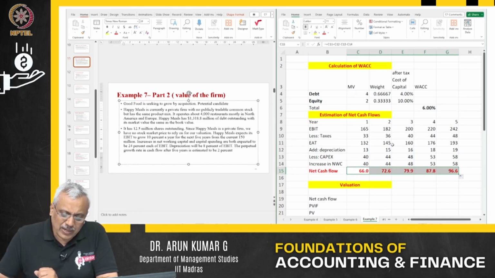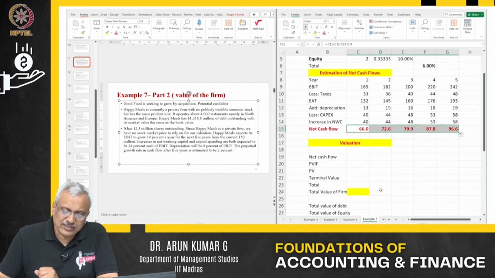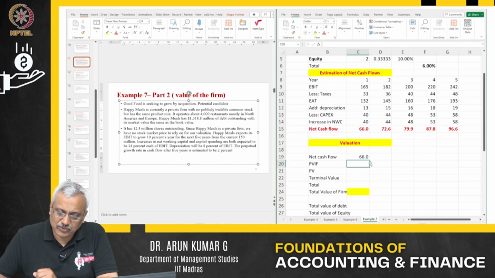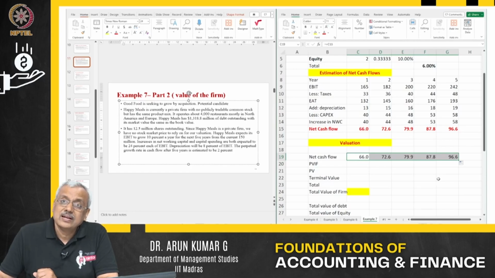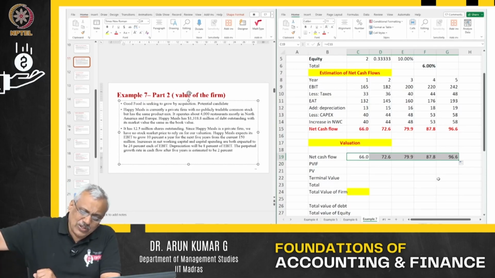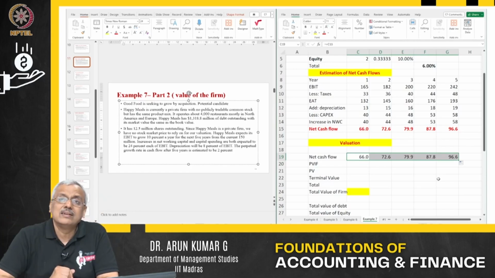Now, I need to look at the valuation of this entity. What are the net cash flows? I am going to take this as the net cash flows here, and these cash flows are going to continue for time immemorial.